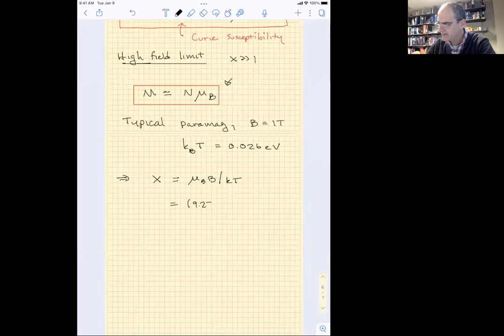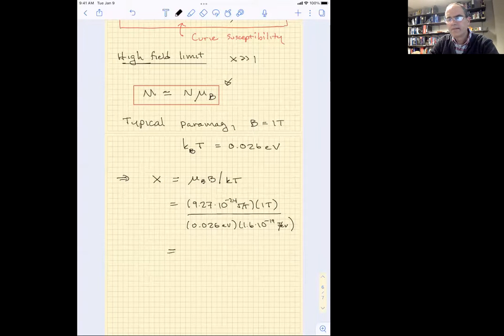It's 9.27 times 10 to the minus 24 joules per Tesla times 1 Tesla divided by 0.026 electron volts times 1.6 times 10 to the minus 19 joules per eV. Well, you can see immediately that this is going to be a small number. And in fact, it works out to be about 0.002. So for a typical paramagnet, even in a strong laboratory field, x is still much, much less than 1.